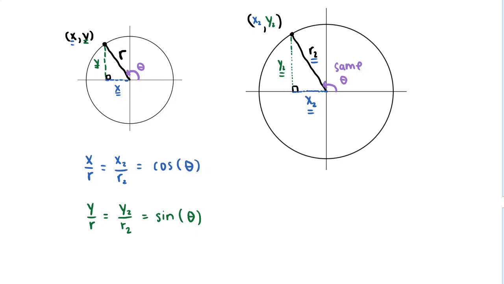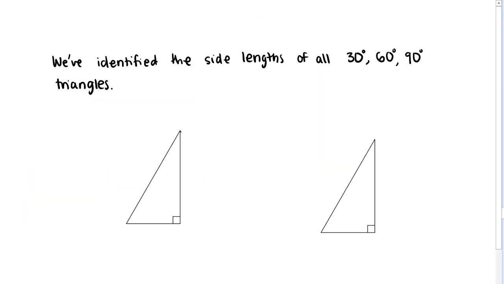Here, again, I want to emphasize that these are really determined by the angle, by theta. And the fact that these ratios are the same, these equality signs, that's really a property of similar triangles.